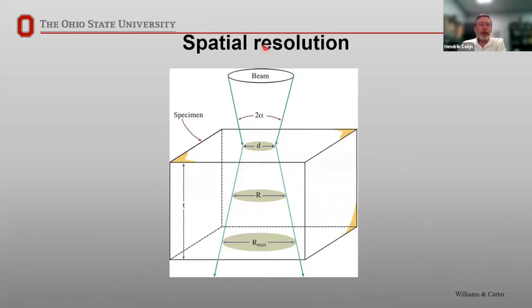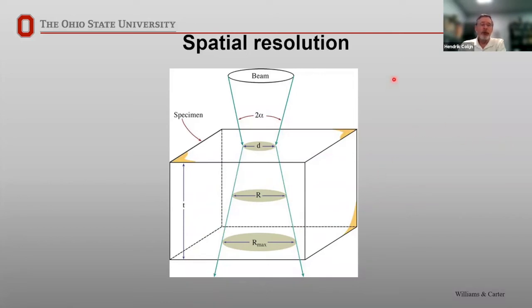Our beam comes in, it will have a certain diameter on the sample. But also, particularly in STEM, we have a certain convergence angle. So as the beam propagates through, it's going to get wider below this midpoint, this focus point. And on top of that, you will get some scattering of the electrons as they go through, so they will broaden this a bit more.